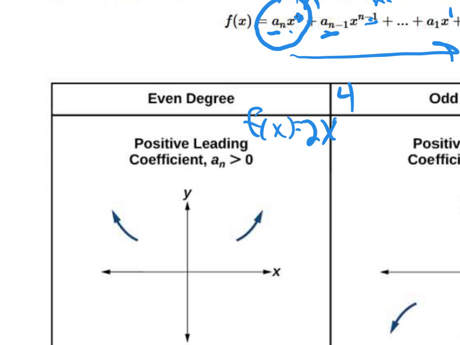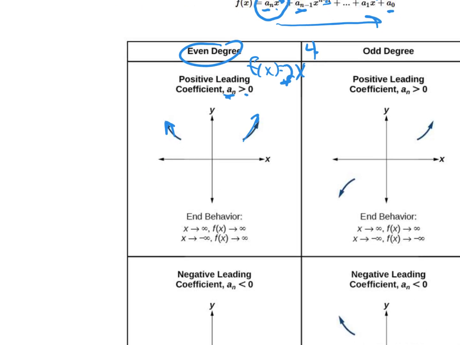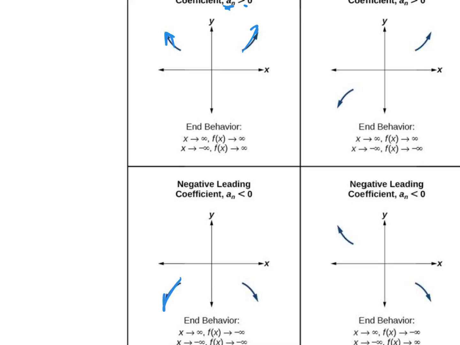Since the front number, the coefficient, is greater than 0, and it's an even degree, 4 is even, they both go up, but it's possible they both go down if your leading coefficient was negative. That would be f of x is negative 2x to the 4.